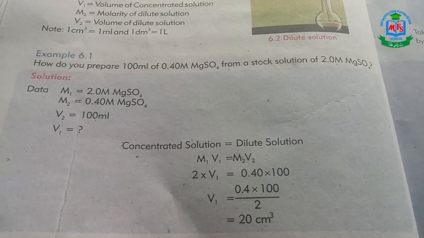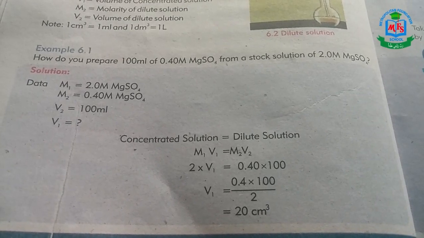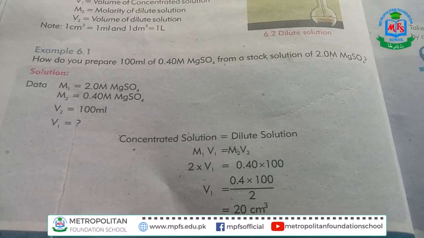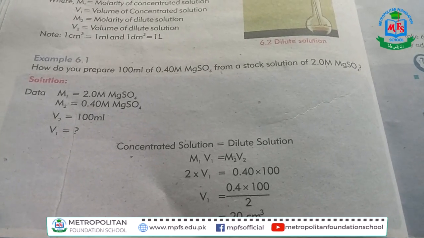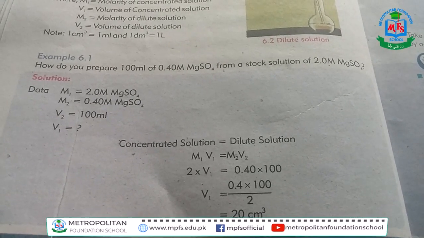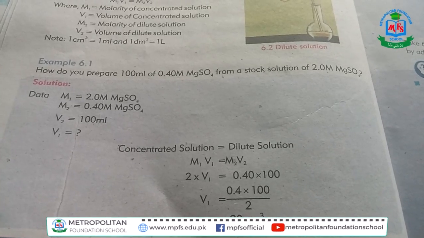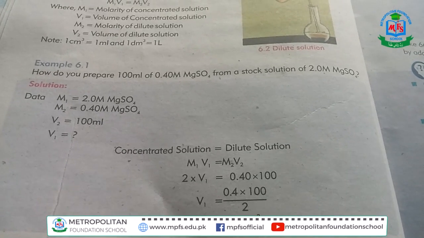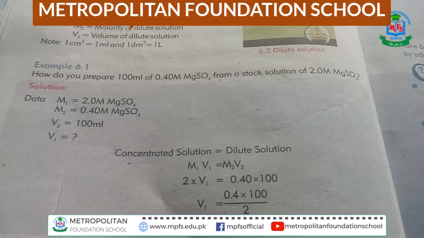First of all, the first step before writing a numerical is data. What is data? The values that are given in the question, in a numerical question, some values are given. These values we will write in data.